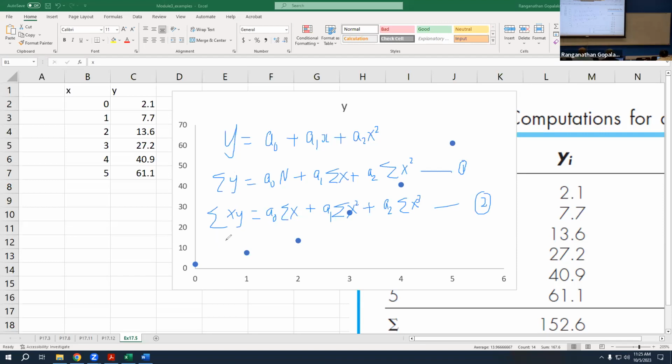And to generate the third, we'll multiply by x squared: sigma x squared y equals a0 times sigma x squared plus a1 times sigma x cubed plus a2 times sigma x to the fourth. That's our third equation. I'll give you a minute to write this in your notebook as well.